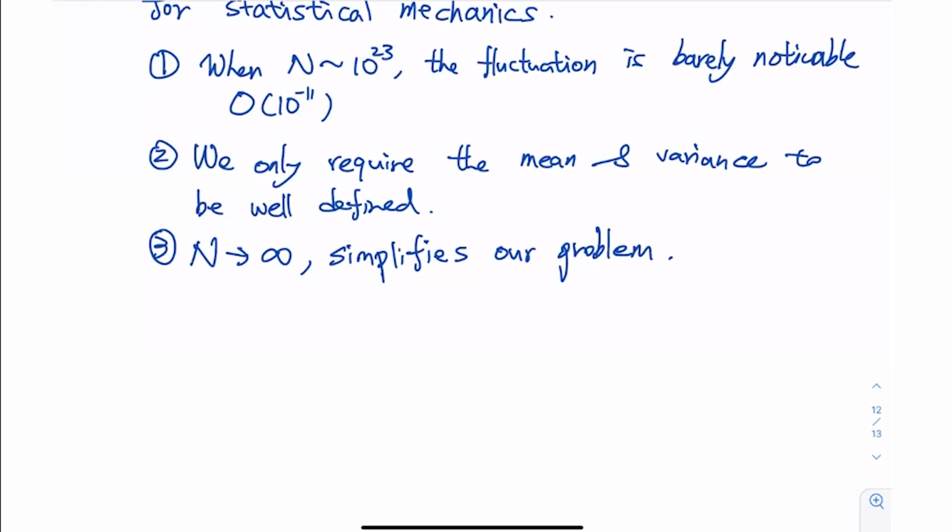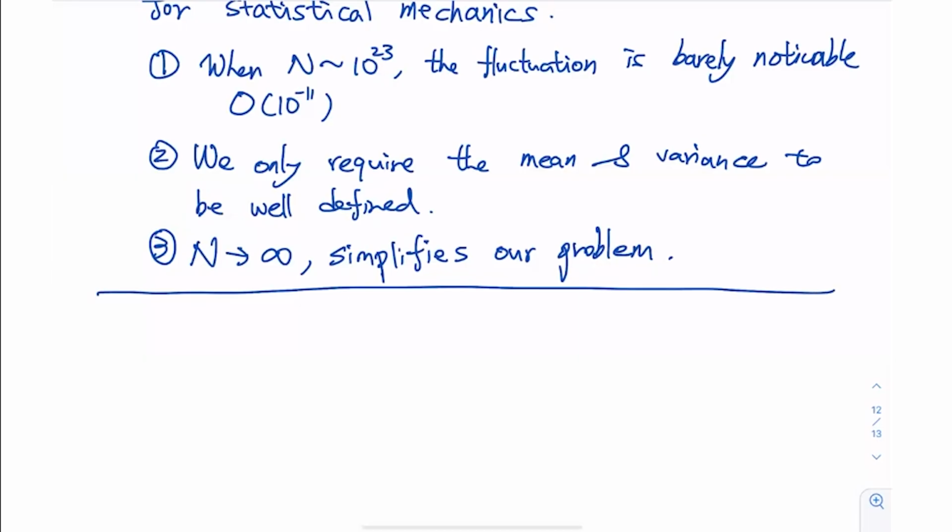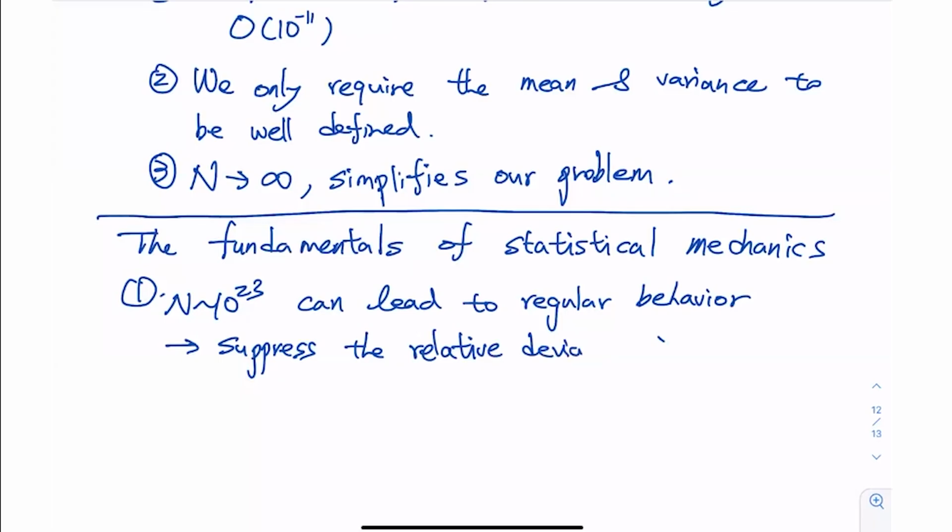Or I would just like to mention two important factors, or the spirit of statistical mechanics. In the past few lectures, I think I probably gave you enough examples to show the first point: when the degrees of freedom is huge, I can suppress the relative deviations.